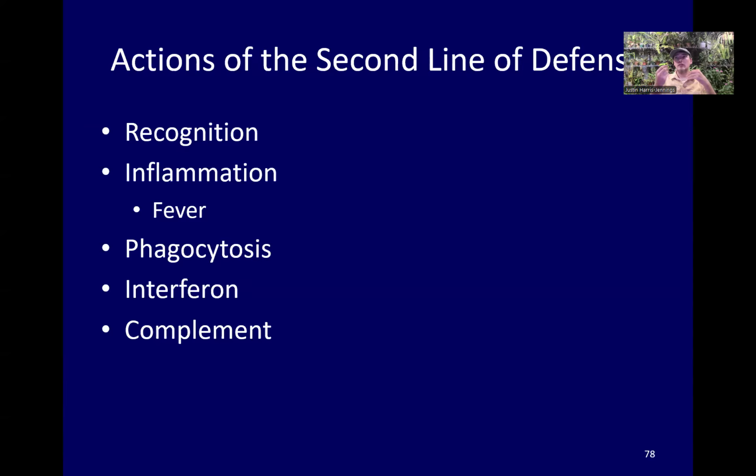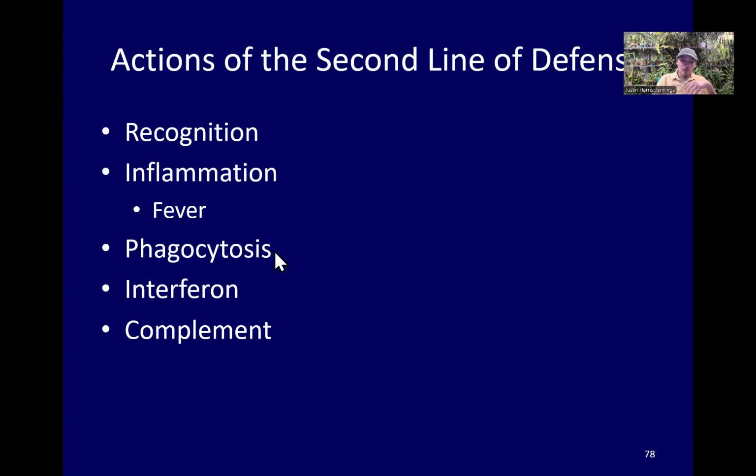These cellular responses take energy and they can't be on all of the time. They can also be harmful if they're on all of the time. So you have to have a system to recognize when these systems are needed. When they are needed, it triggers things like inflammation that changes the local environment to make it unfavorable for the pathogen.